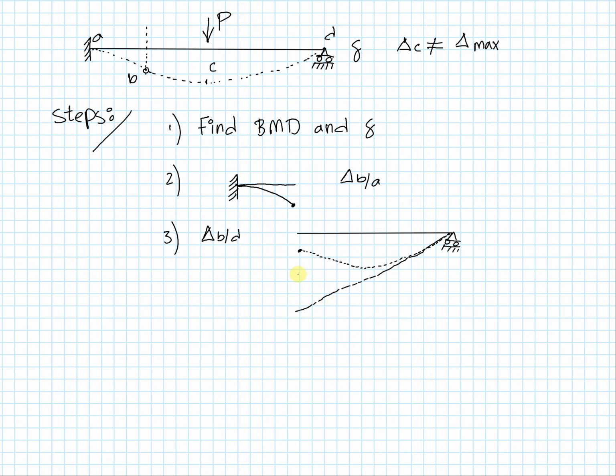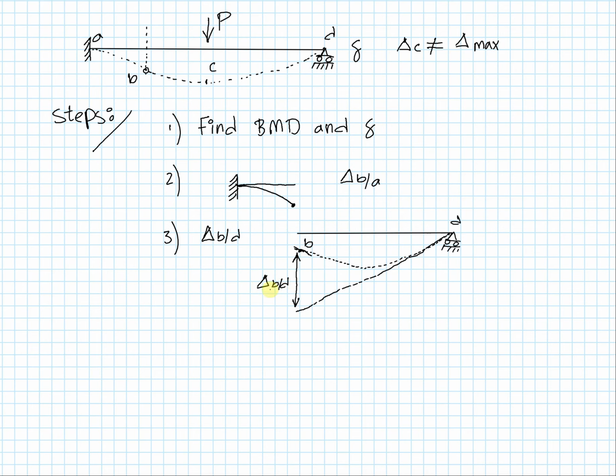And delta BD is this vertical height between the tangent of B to the actual point of tangent of B. So this is tangent from D, and this is another tangent that's going from B. And this would be delta BD.